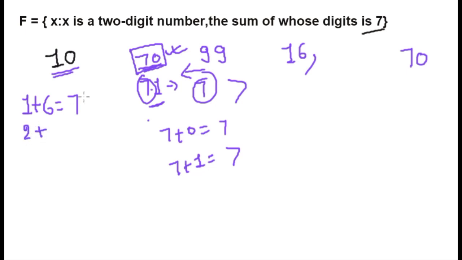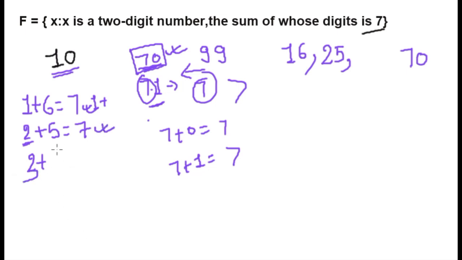Can we add any other number to 1 to get 7? No. So it's till here only. 2 plus 5 is 7. So our second number is 25. If we add anything else to 2, will we get 7? No. So it ends here only.